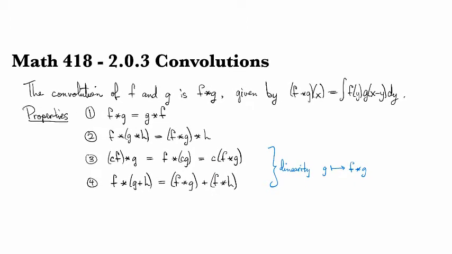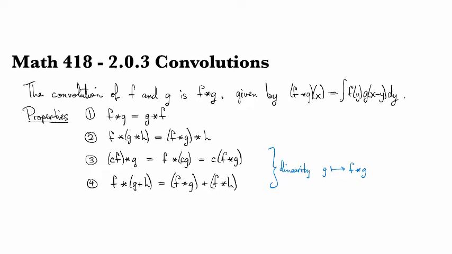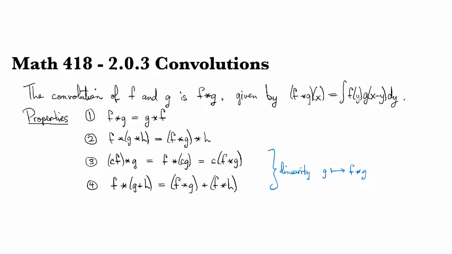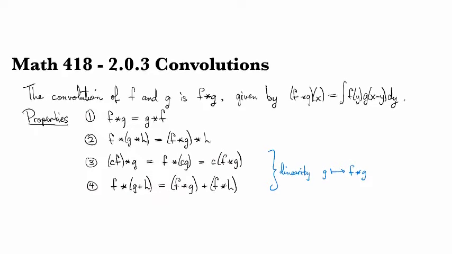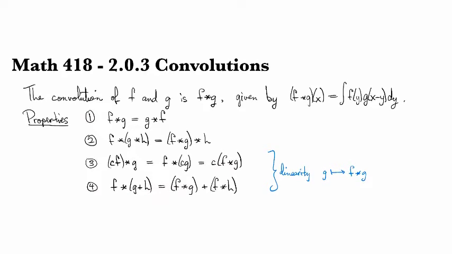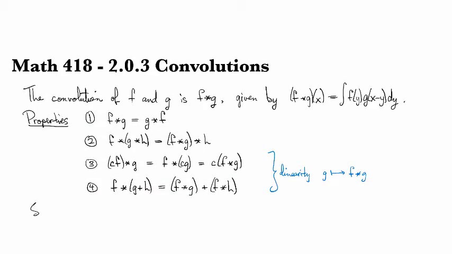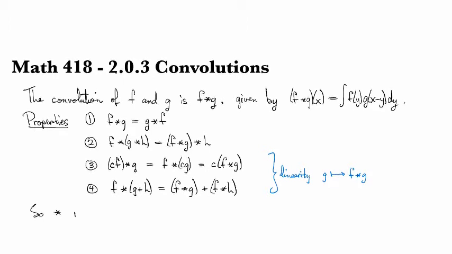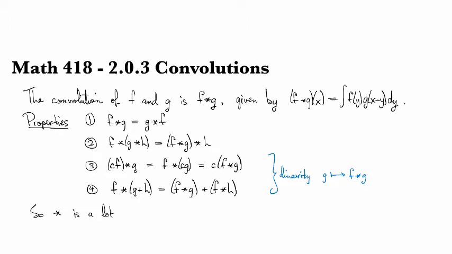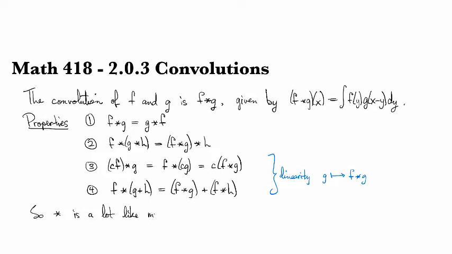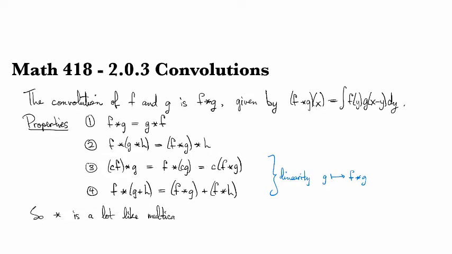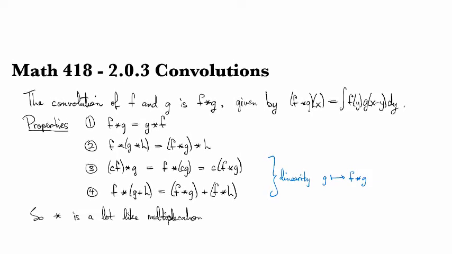Okay, so we can think of the convolution as a binary operation that takes two functions and makes a new function out of them. We can also think of it as an operator that takes one function to another. Just by itself, as a binary operation, the convolution is a lot like the usual notion of multiplication.